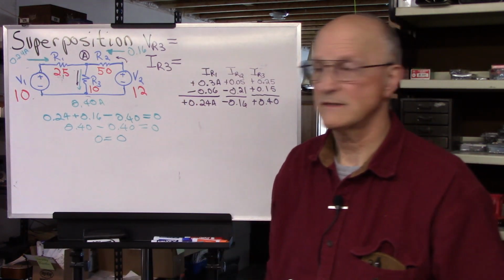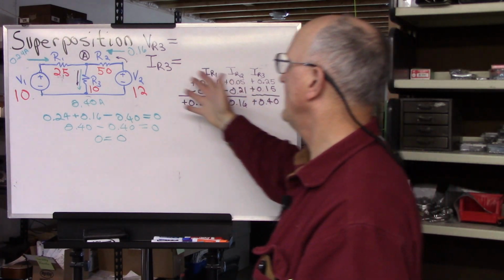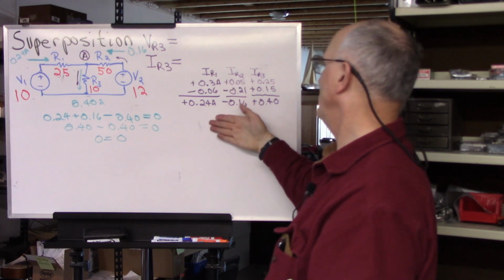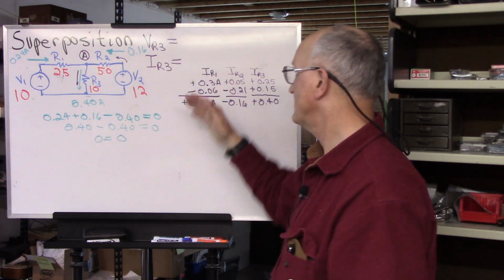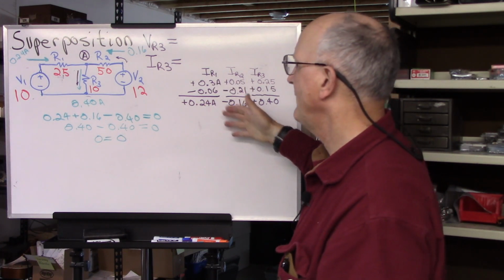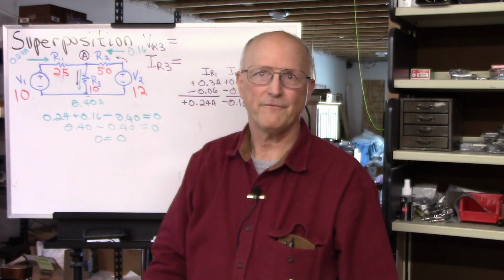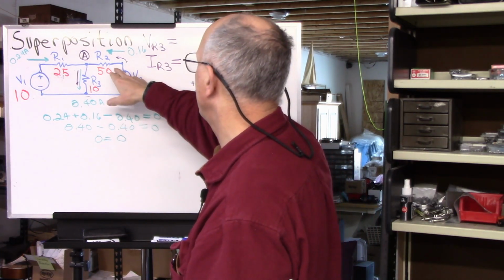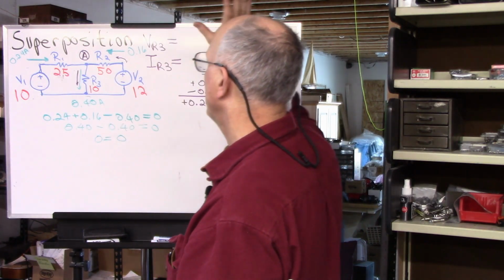Done. Works. Superposition. It allows you to take something like this, break it apart, do your calculations, your arithmetic, your bookkeeping as it were, and come up with a final answer: the current through this resistor, the current through this resistor. You can calculate all the voltages.